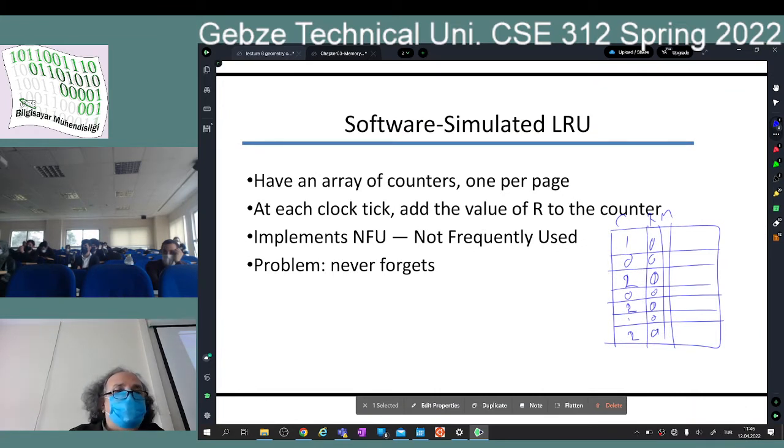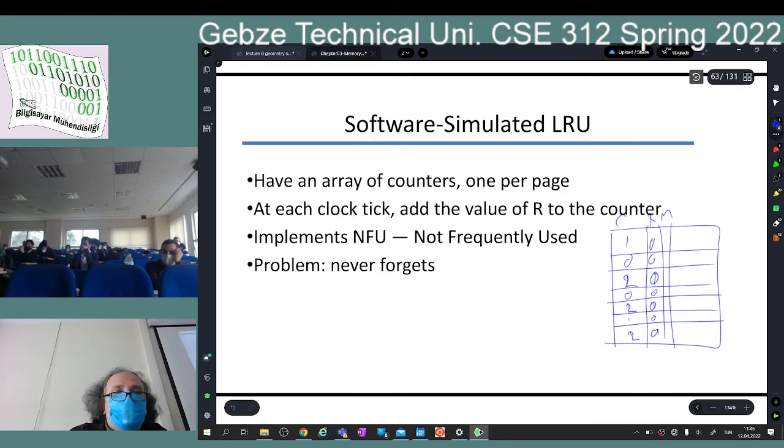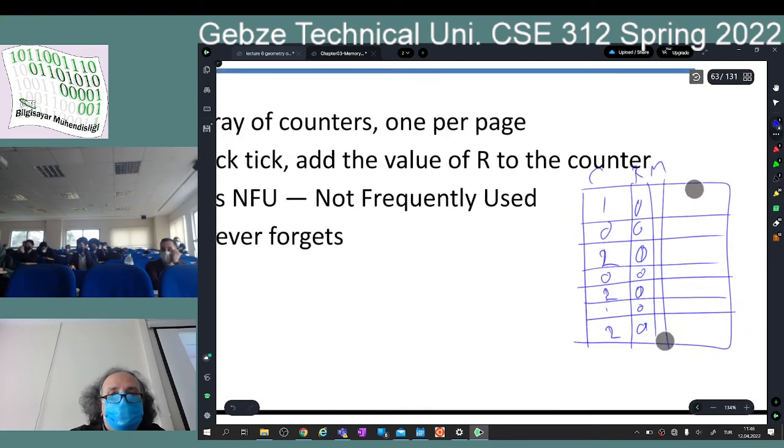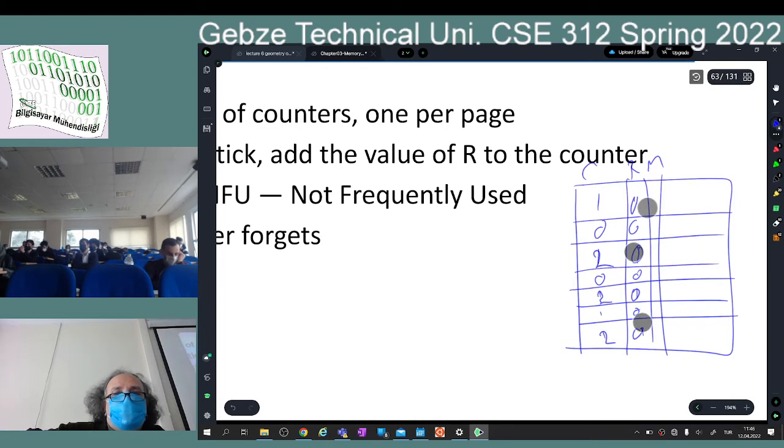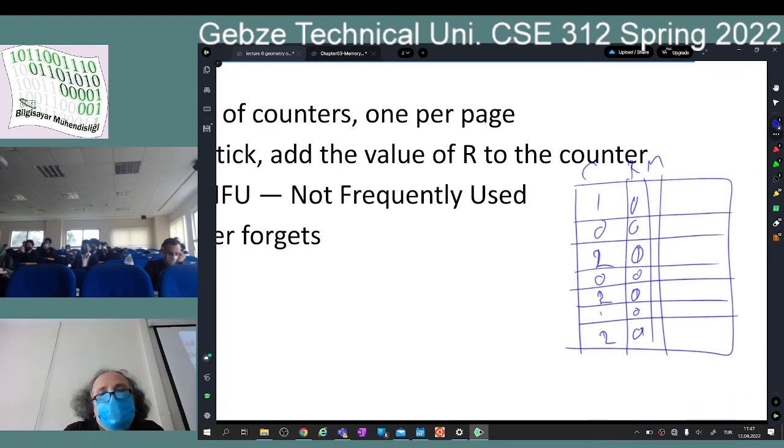NFU says that at every clock tick, add the value of R to the counter. So just check the page R and keep adding this number to the counter. This doesn't give you any information about the recent use of that page. This will just give you how many times I accessed that page after I loaded it into my memory.